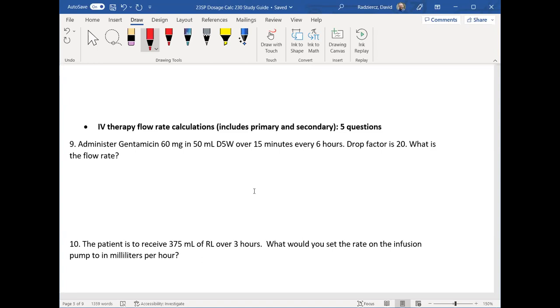But if it does give you microtubing or a drop factor, then you can assume you're going to be calculating an infusion rate in drops per minute. So that's how I would use the context of the question and factor that in.